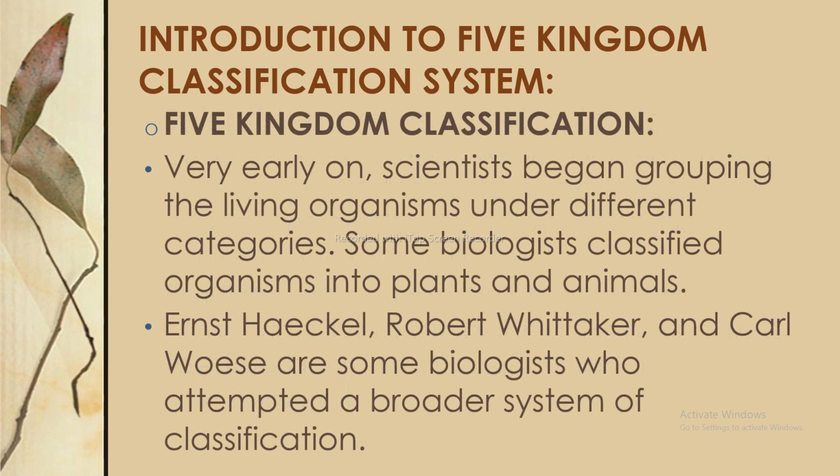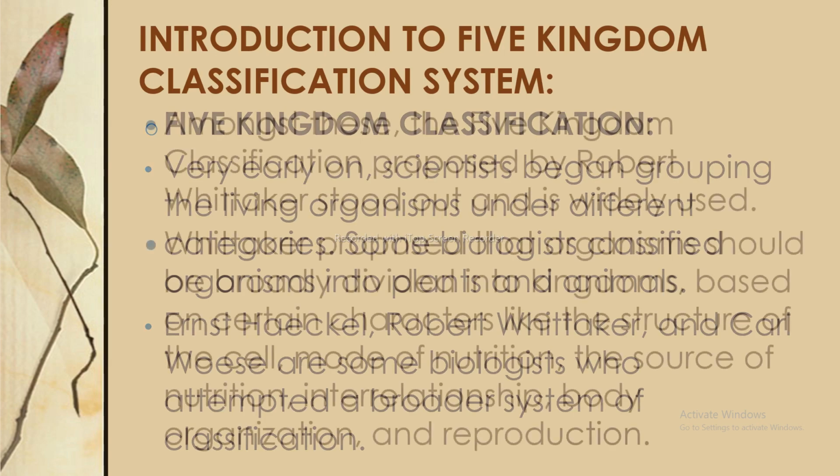Now I am going to discuss further the 5 kingdom classification. Very early on, scientists began grouping living organisms under different categories. Some biologists classified organisms into plants and animals. Ernst Haeckel, Robert Whittaker, and Carl Woese are some biologists who attempted a broader system of classification.